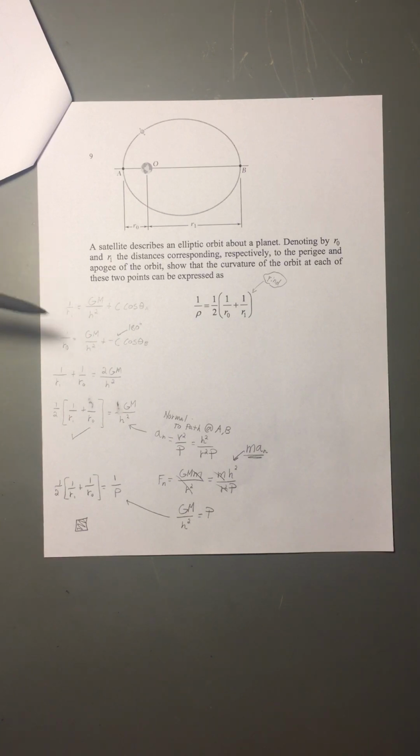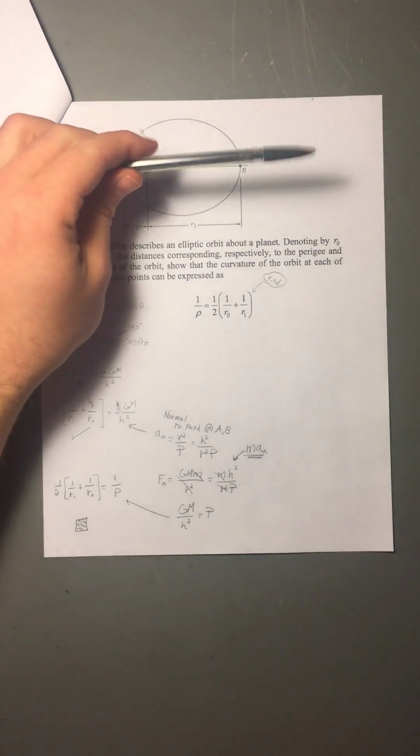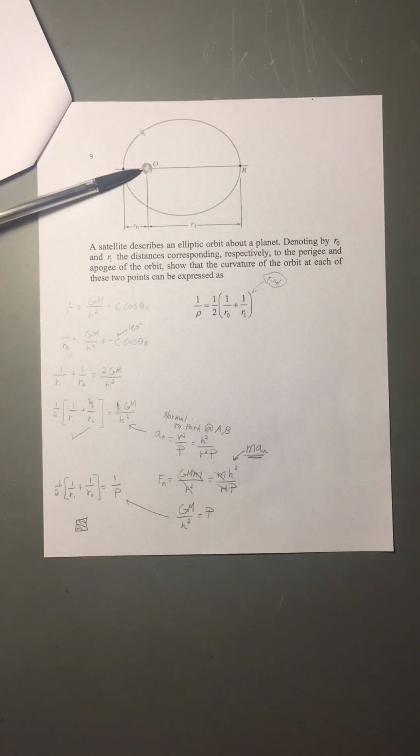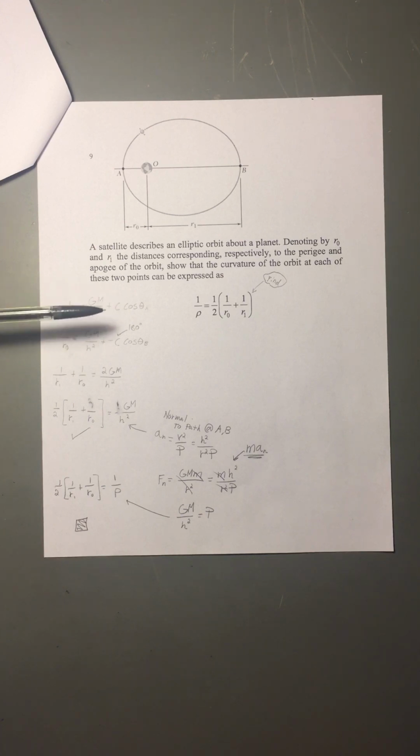And then similar to the previous problem, we know that the angle from the origin to B to the origin here, that's 180 degrees. And so we can say that C cosine theta A equals negative C cosine theta A. And so replacing that, we can create that relationship.